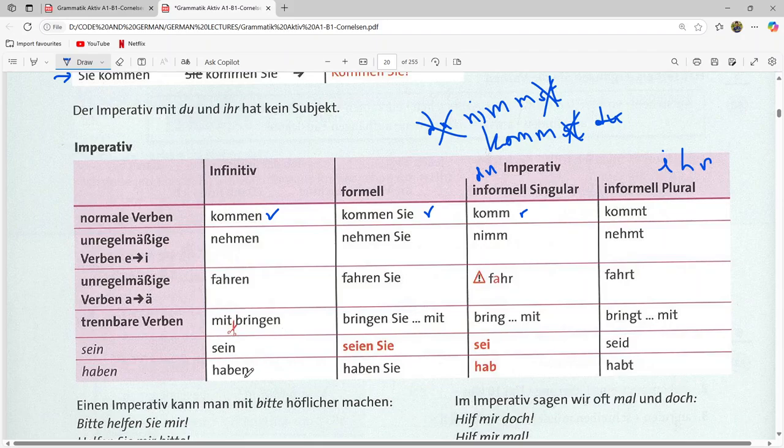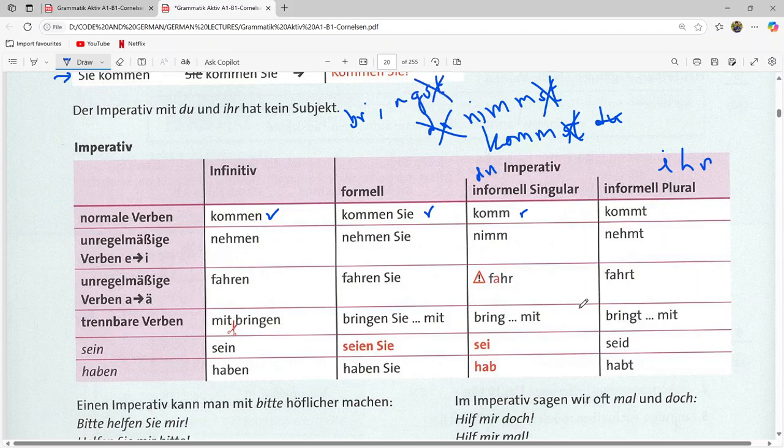Okay, that's it. This one you will all get. If you just look at the table, you will just get it. For the trennbare verb, it is like this: for the infinitive form it is mitbringen, and if you write in the formal Sie form, then bringen Sie mit. For the imperative form, the verb is bringst, right?